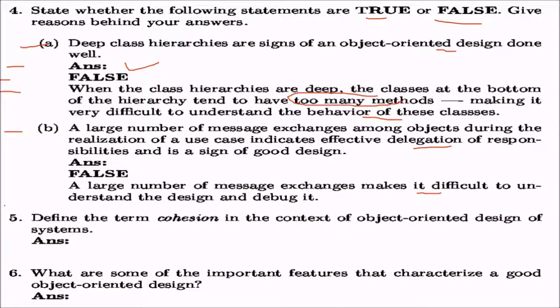Then fifth is, define the term cohesion in the context of object-oriented design of a system. What is cohesion first of all? Cohesion is the functional strength of a module.